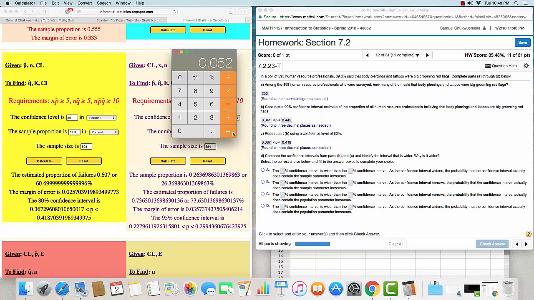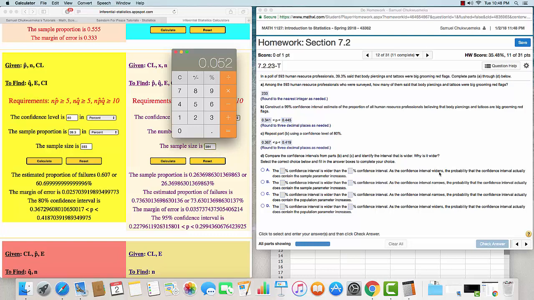So you see 0.104 is greater than 0.052. It is. So the 99% confidence level gives a wider confidence interval than the 80% confidence level. Okay?